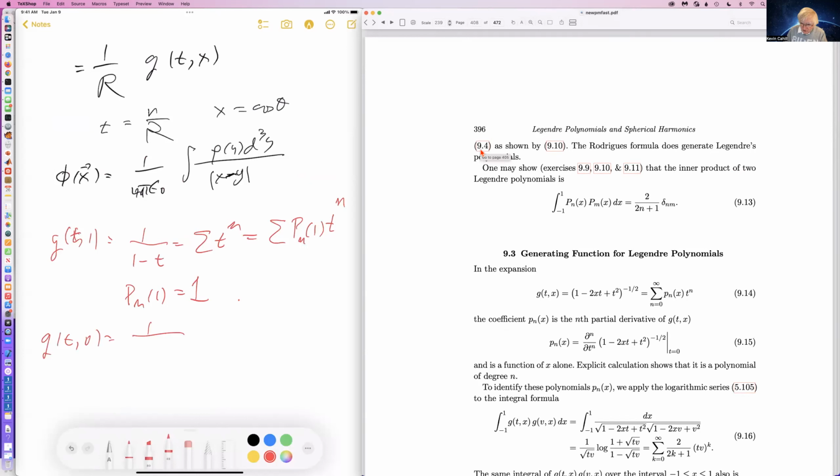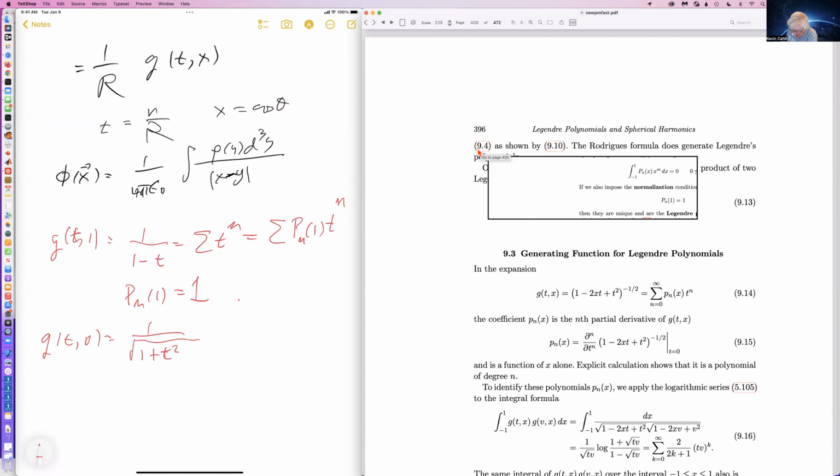It's 1 over the square root of 1 plus t squared. So there's nothing particularly simple about that.